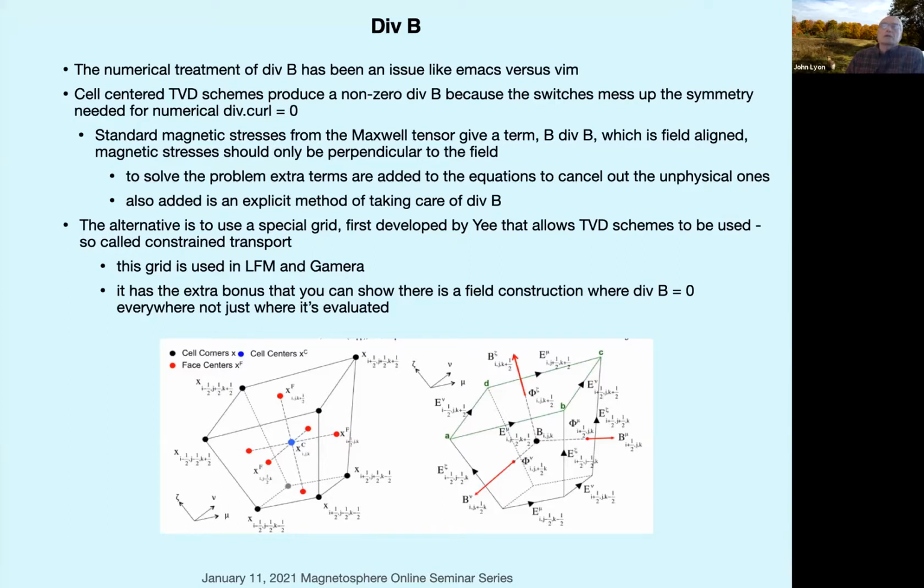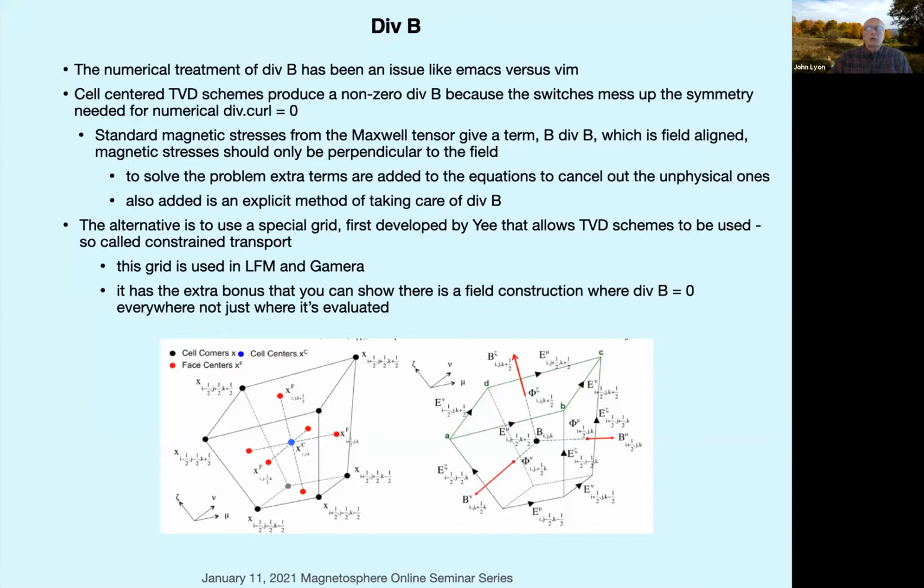If you apply a nonlinear switch to one of these corner E's, then it affects one face one way and the other face the other way. So flux is basically just transported across that edge. And this is the basis of what's known as constrained transport.